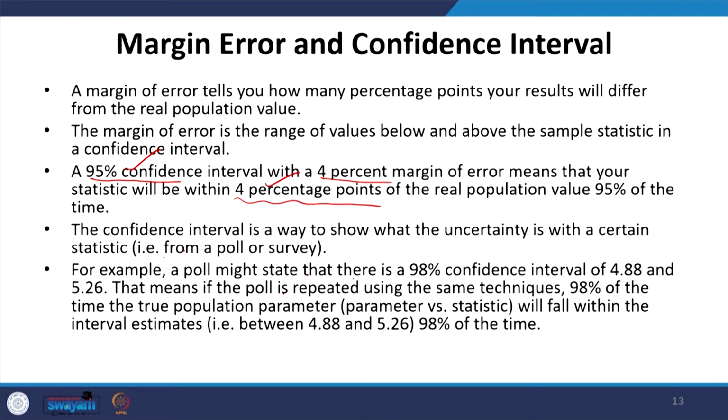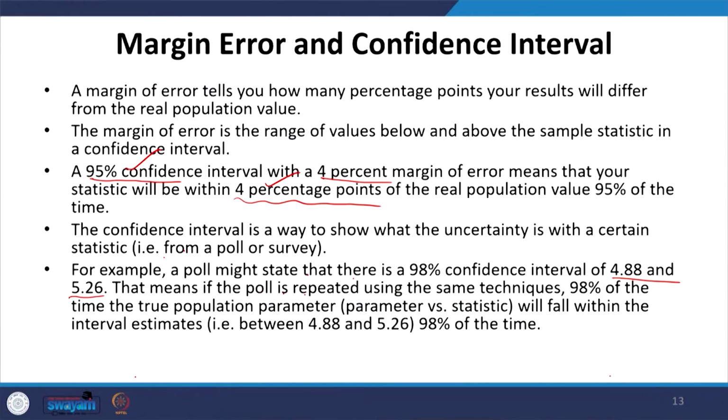One example we have cited here: a poll might state that there is a 98% confidence interval of 4.88 to 5.26. That indicates your range, the upper limit and lower limit, because of the margin of error.